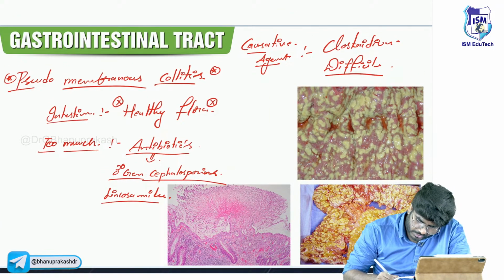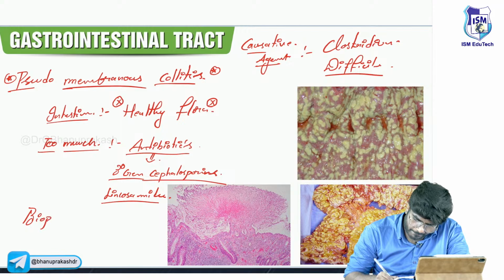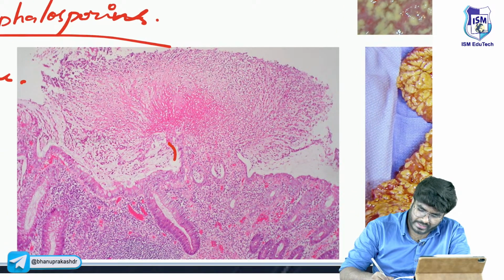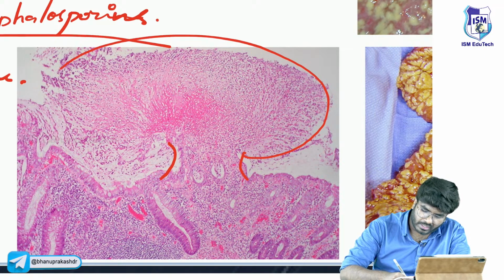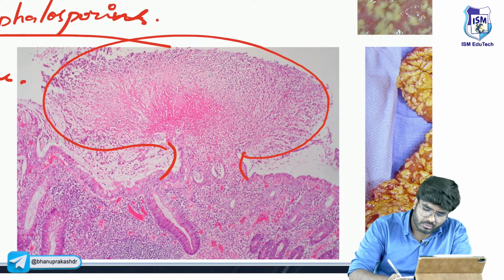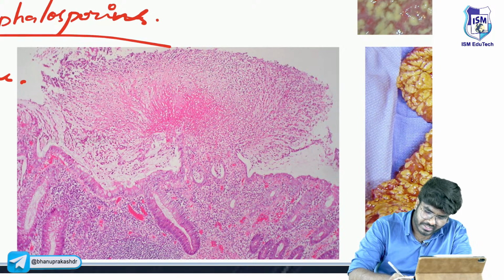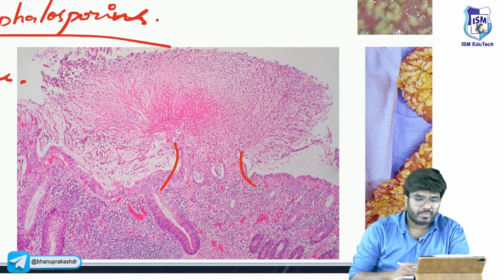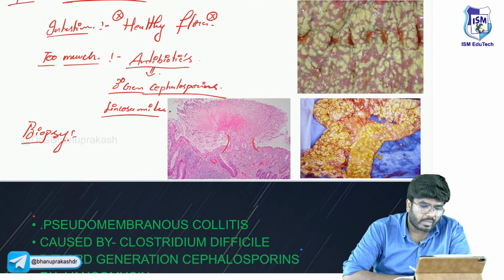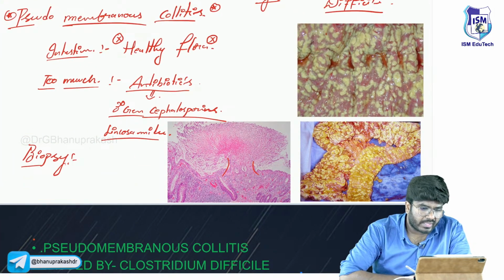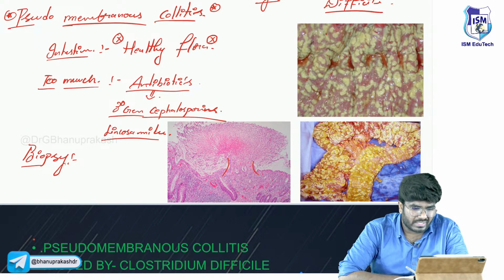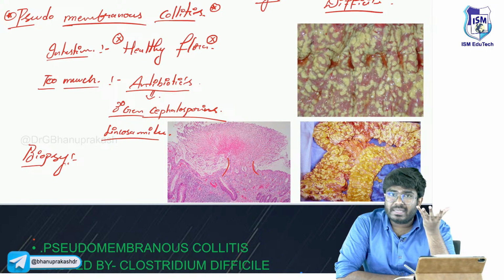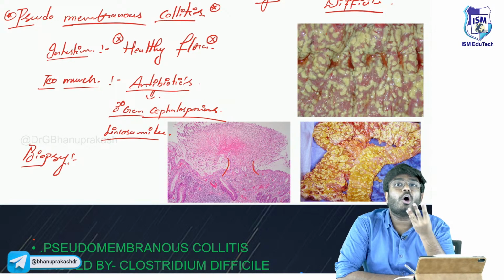Now, what else will you see on biopsy? On biopsy, you can see a volcanic eruption-like appearance or a mushroom cloud-like appearance. Very famous question in your exams, both FMGE and NEET-PG. The presence of necrotic debris and the neutrophils arising from the epithelium is going to look like a mushroom cloud.